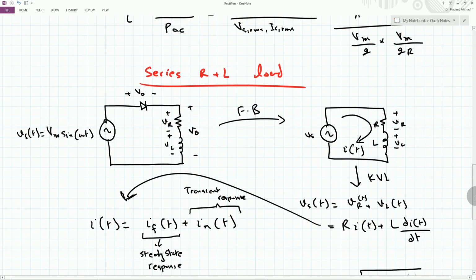In this particular circuit, prior to the positive half cycle, this diode is reverse biased, and therefore there is no current. We assume that there is no current flowing in this inductance, and therefore iL(0 negative) is equal to 0.